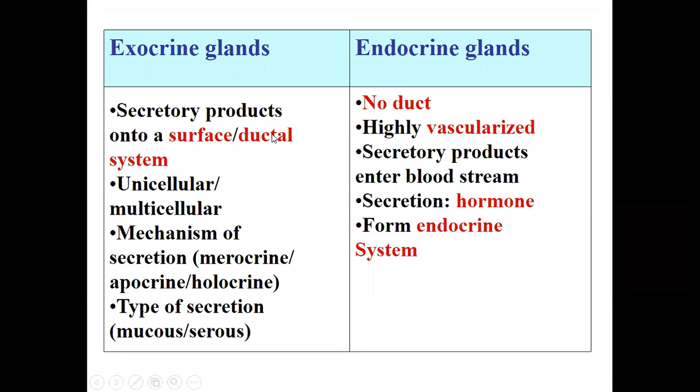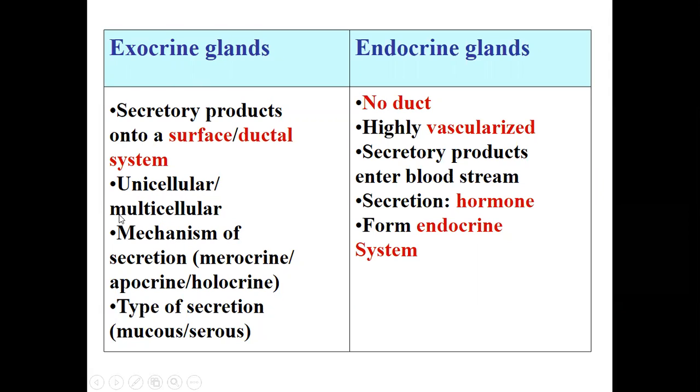For the exocrine gland, the secretory product is secreted onto the surface, or onto the ductal system. But the endocrine gland does not have a duct. And the exocrine gland can be either unicellular, with only a single cell, or multicellular, meaning it has multiple cells.